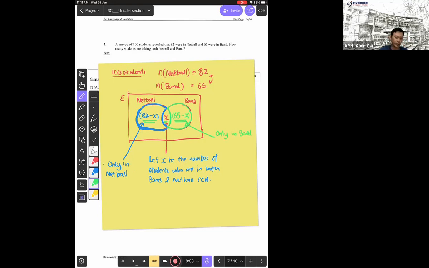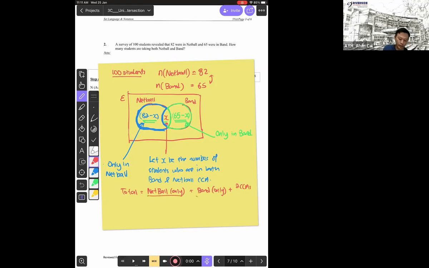Okay, once we have these three components, what we need to do is combine the three of them. How? Because you know that the total must be equal to netball only plus band only plus the ones with 2 CCA. Correct?